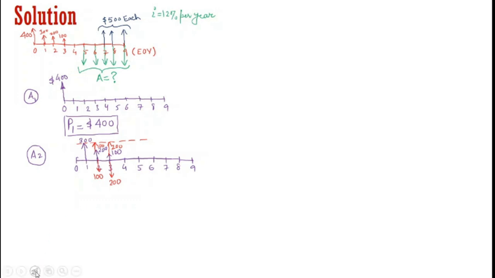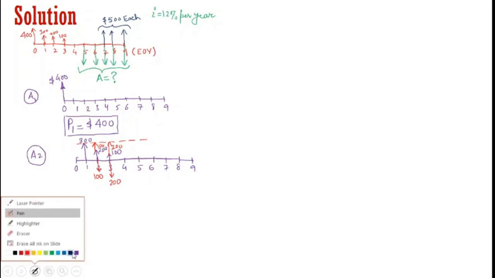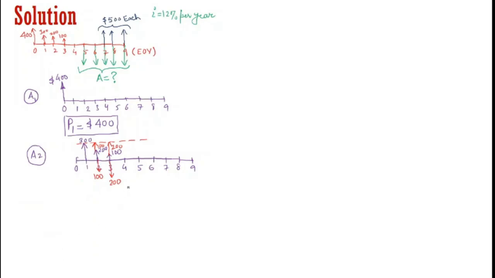again, in this I have now two series. What are they? 0, 1, 2, 3, 4, 5, to 9. So we have 300, 300, and 300.